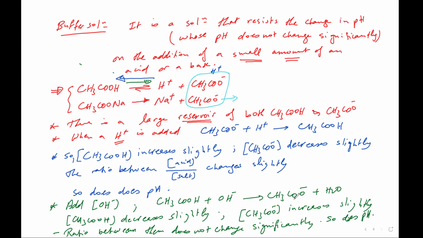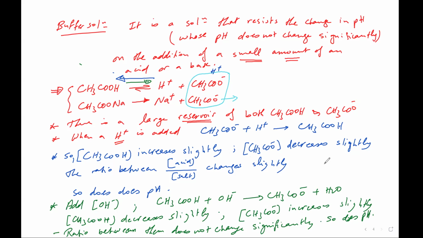And of course, we have a problem in the book, and it comes in exams. It asks what happens if you add a certain amount of an acid to a buffer like this. Show what will be the change in pH. Let me get the question.